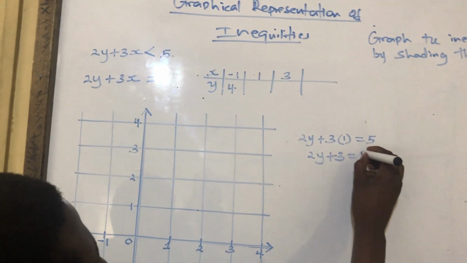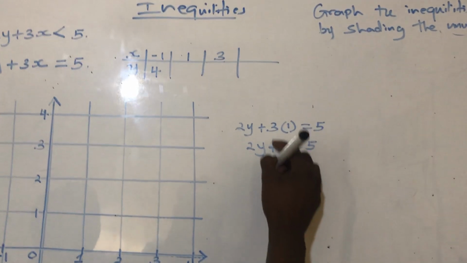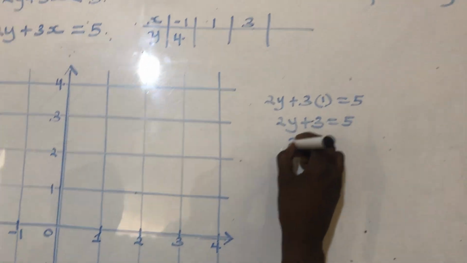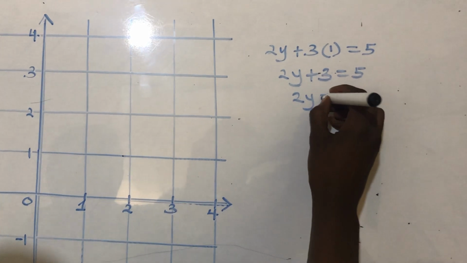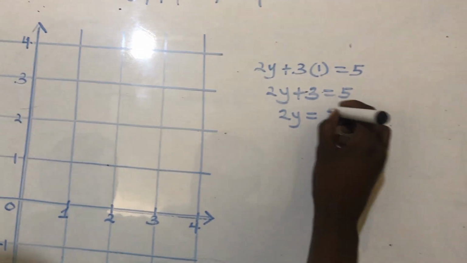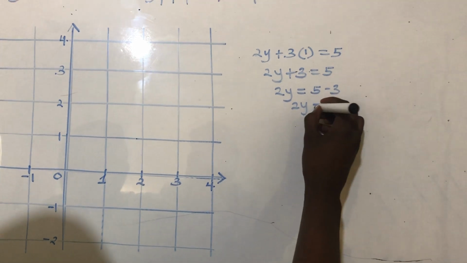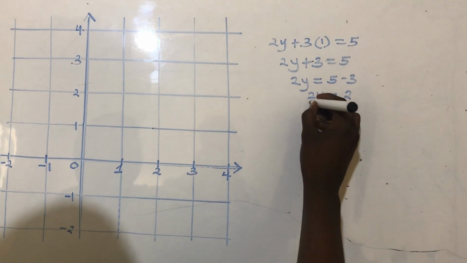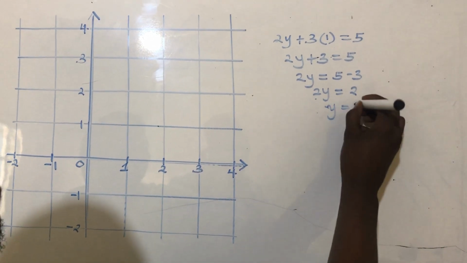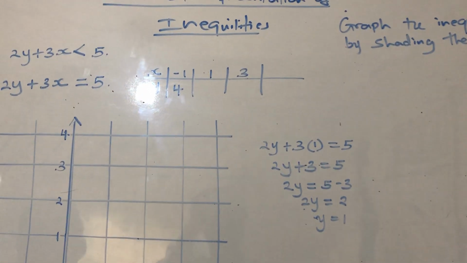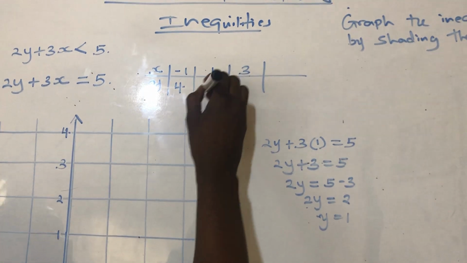The 3 will cross to the other side. 2y should give us 5 minus 3, so 2y should give us 2. Divided by 2, the value of y becomes 1.